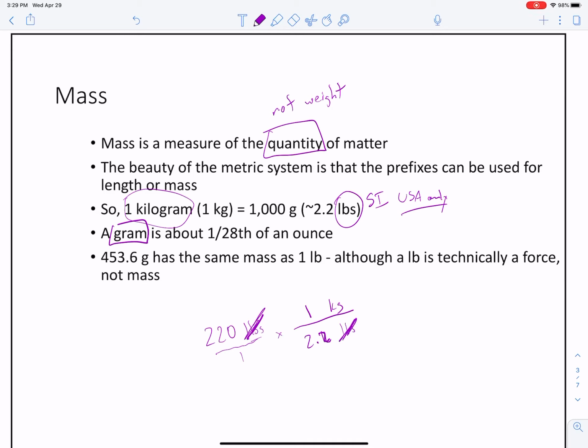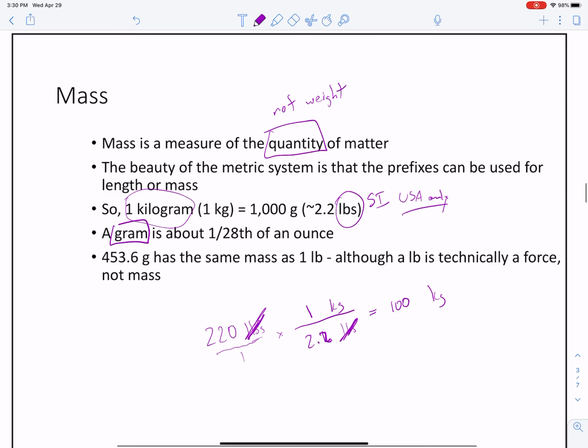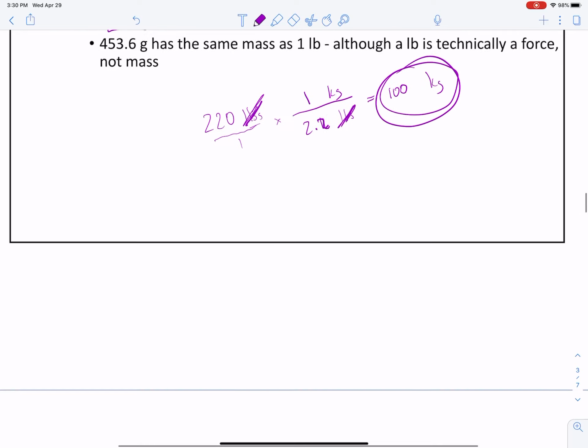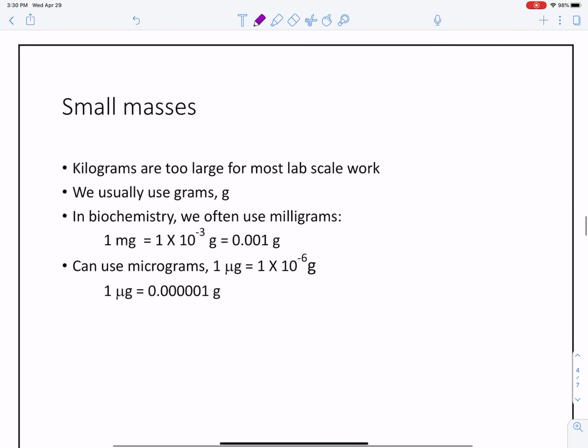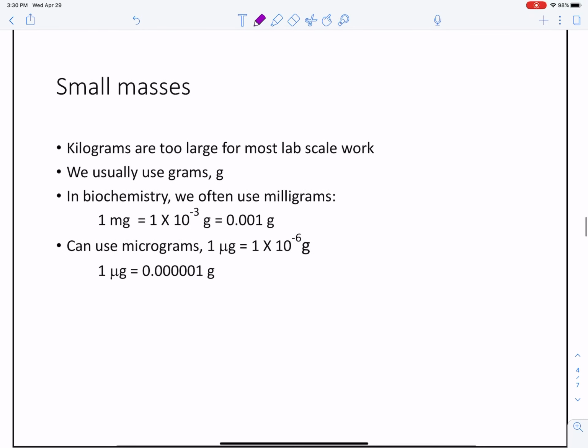They're gone, and we're left with kilograms. 220 divided by 2.2 is equal to 100 kilograms. So now we can convert something into another unit of measure. This is pretty important.